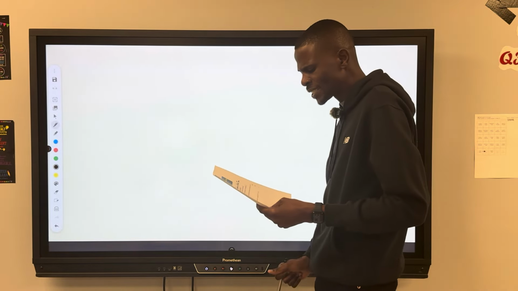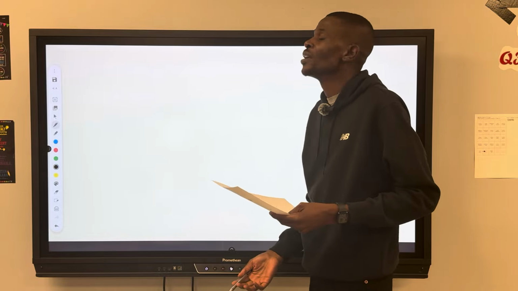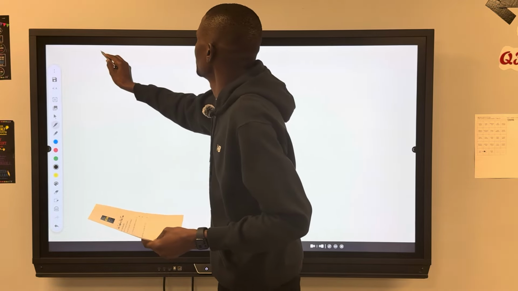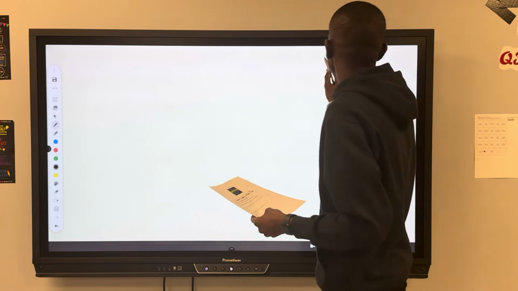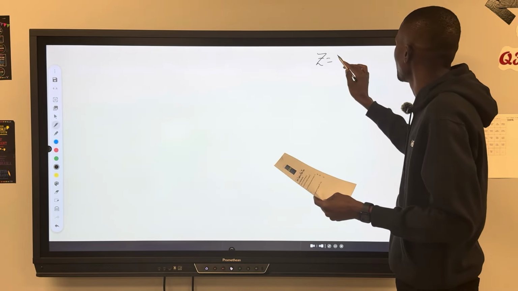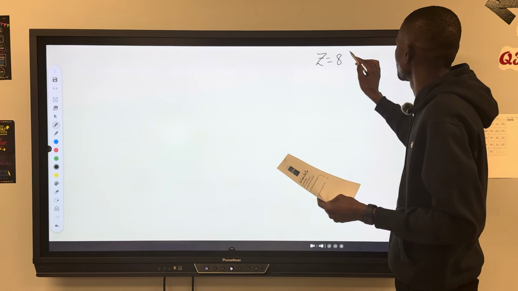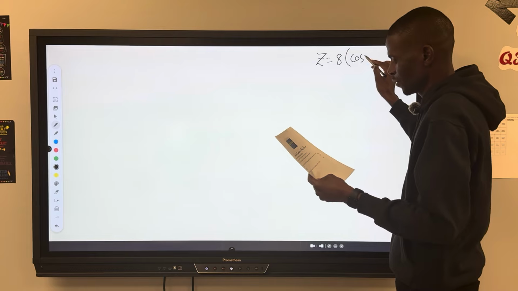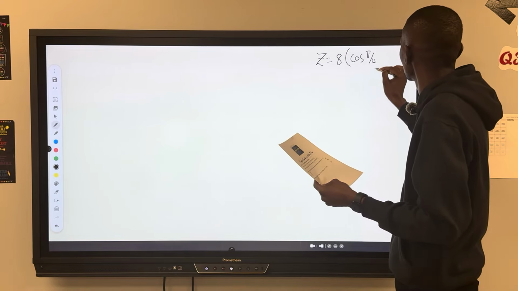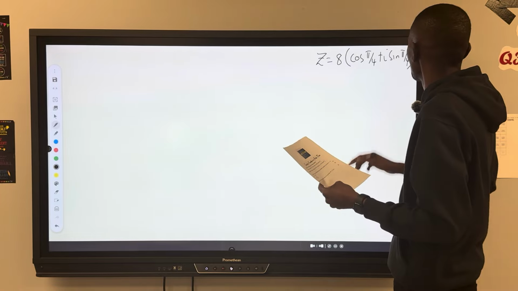So complex number z has modulus 8 and argument pi over 4. So z is equal to r, which is 8, then cos theta, which is pi over 4, plus i sine pi over 4.